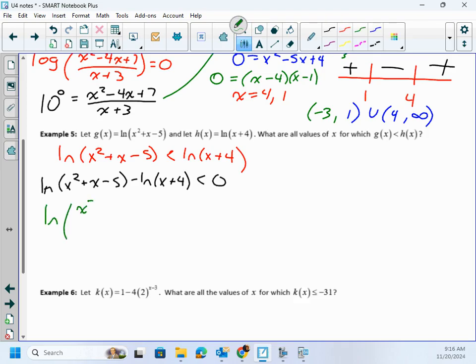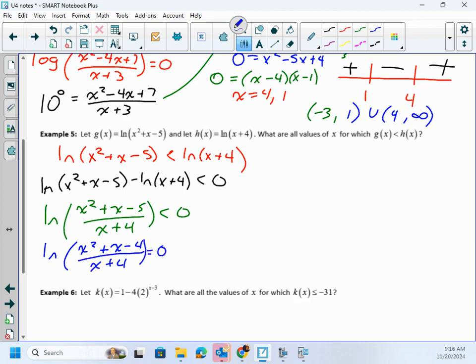Subtraction means division. I need to set it equal to 0 because that's how I'm going to find my zeros. So that means that this is going to become e to the 0, this is natural log, e to the 0 of x squared plus x minus 5 over x plus 4.